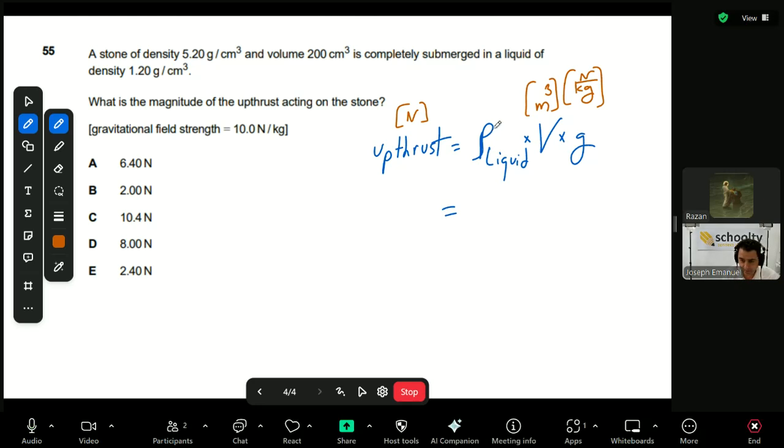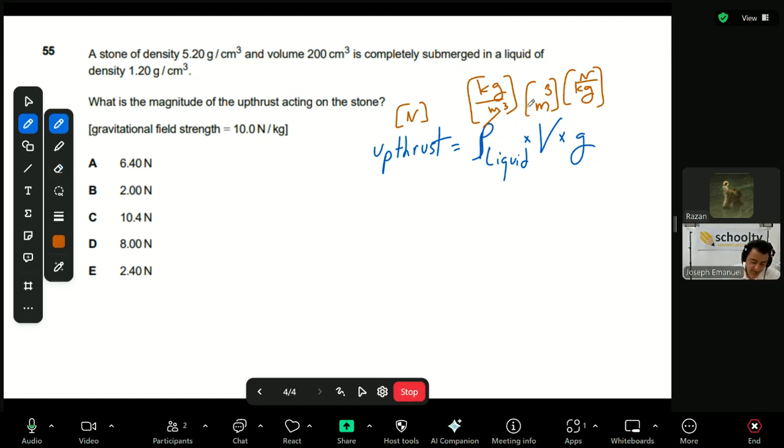The density is weight in volume, so it should be kilogram in meter cube. The meter was the meter, the kilogram was the kilogram. Okay, this is a setup for the units.